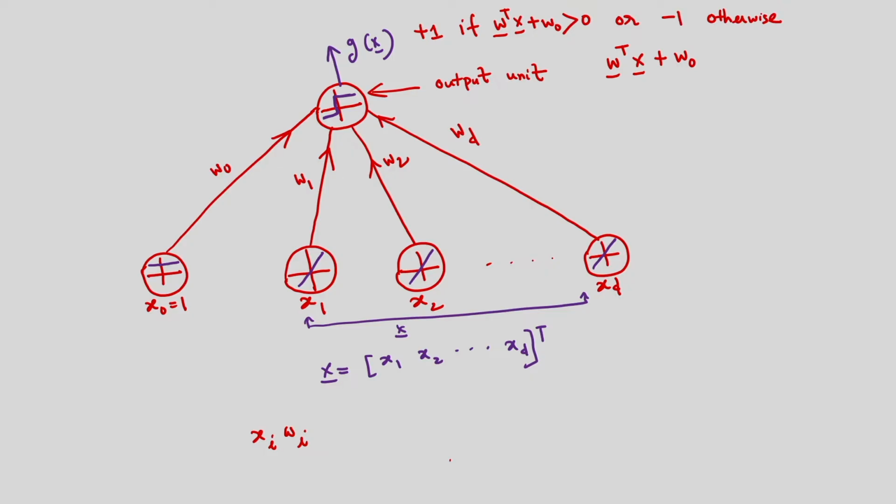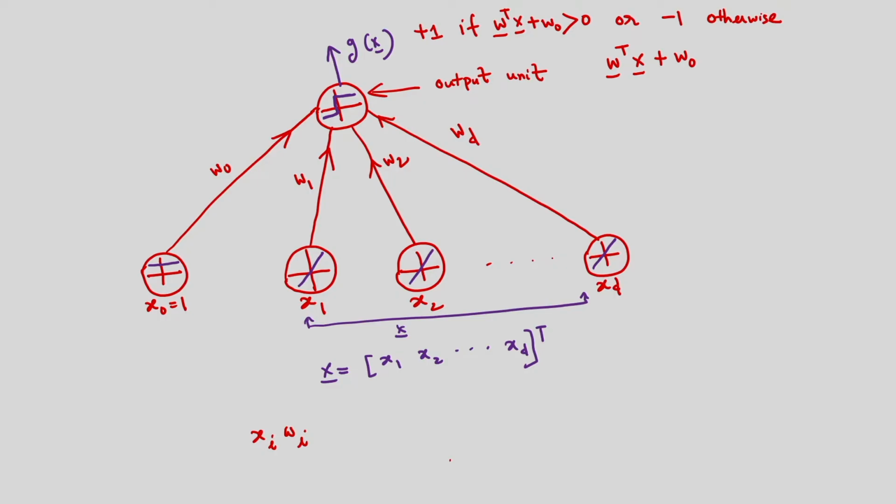So you can see how to take a classification decision based on the discriminant function. g(x) will be 1 if w^T x + w0 is greater than 0, otherwise it will be -1.